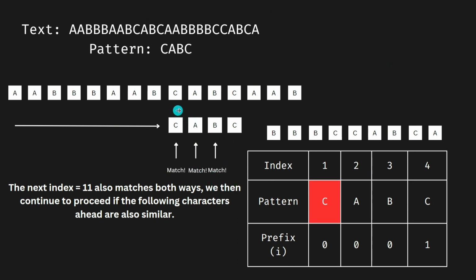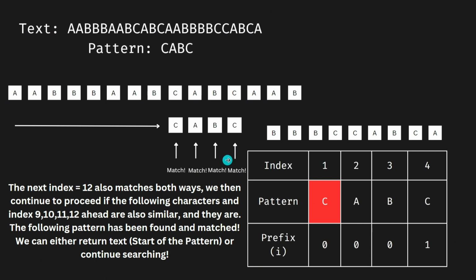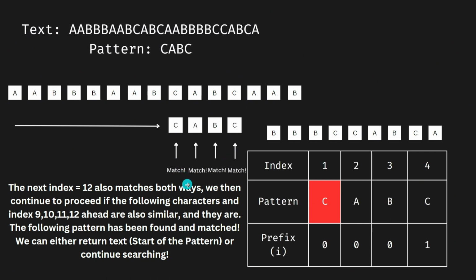Since we already know what's going on here, we can practically say that we have found our first match in the substring, and the next one is index 12. We continue to check if the following characters 9, 10, 11, 12 are also similar, and they are. The pattern has been found and matched.